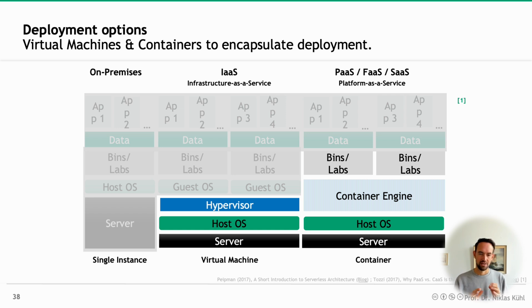Now, over time, people started developing something called virtual machines, and those provide the basic functionality in terms of having a host operating system and a hypervisor, and then you only load another virtual machine which captures all the applications, your data, your bins, and your libs, and your guest operating system into one so-called virtual machine that can then be run on any device, right?